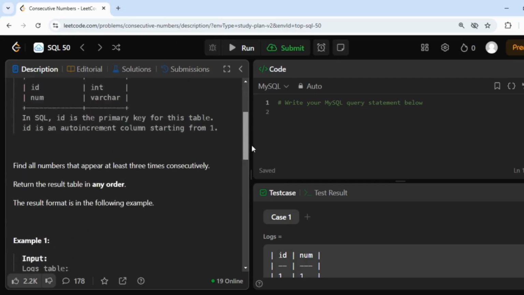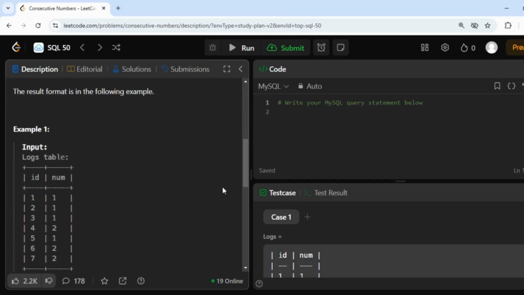Now, from this example, what it is doing is matching the nums on consecutive rows. For ID 1 it takes that I have num 1.